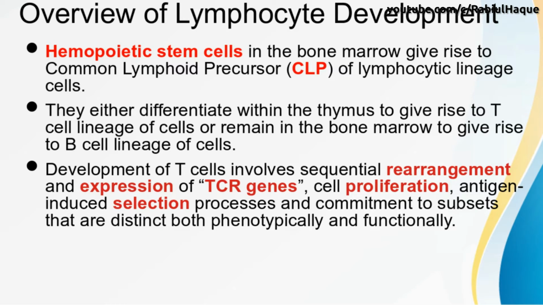Now the last bullet point is very important. Always remember, development of T-cell involves sequential rearrangement and expression of T-cell receptor genes, cell proliferation, antigen-induced selection processes, and commitment to subsets that are distinct both phenotypically and functionally.